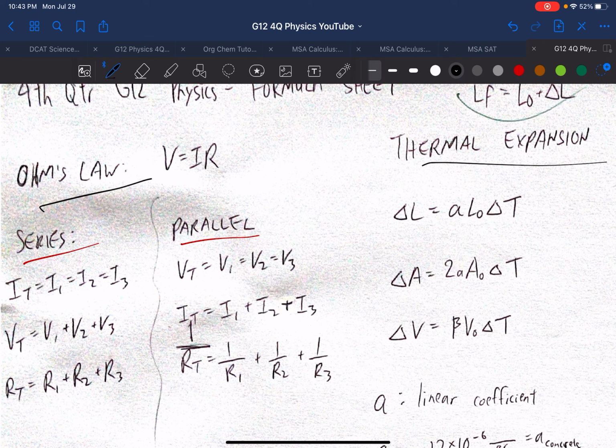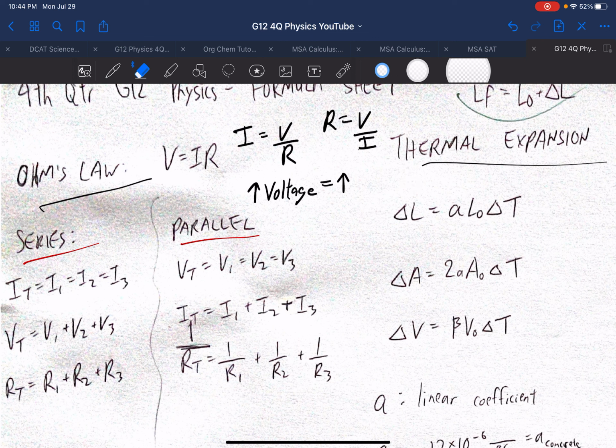How about the relationship, if you're looking for current, we have V over R. Well, if it's a fraction, then an increase in voltage is equal to an increase in current. The other way around, if you're looking for resistance, an increase in voltage, I believe, is also equal to an increase in resistance.